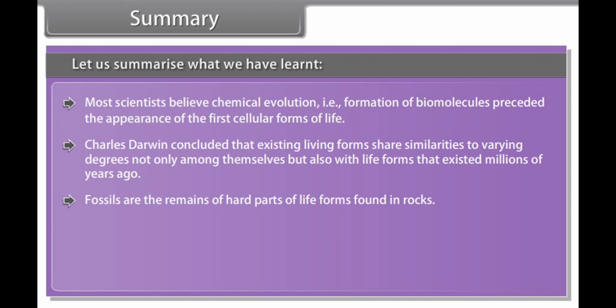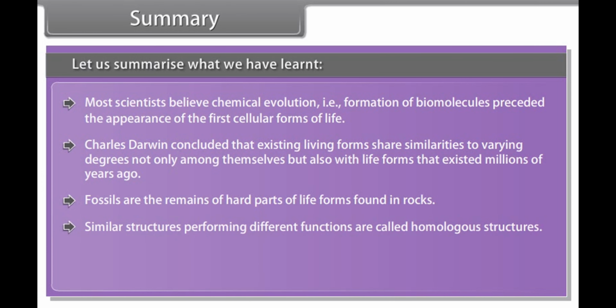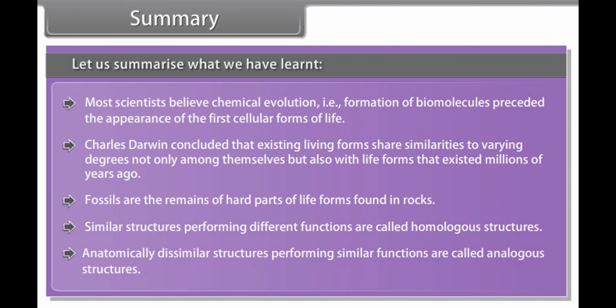Fossils are the remains of hard parts of life forms found in rocks. Similar structures performing different functions are called homologous structures. Anatomically dissimilar structures performing similar functions are called analogous structures.